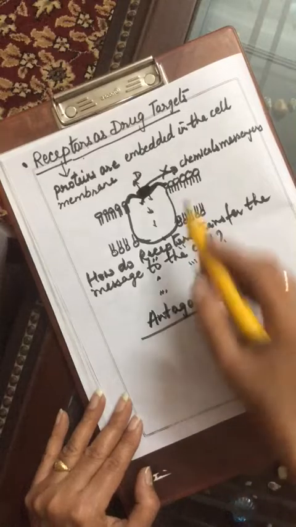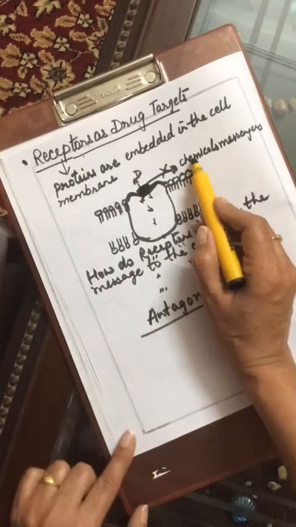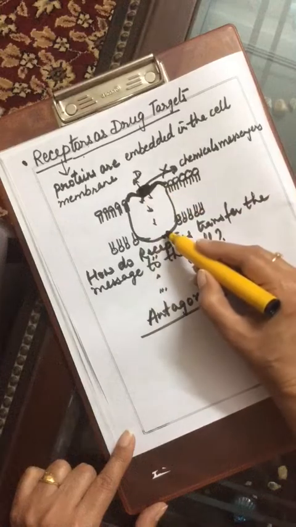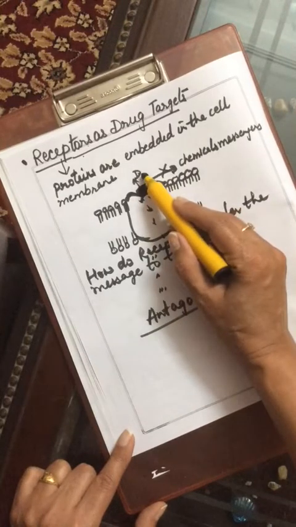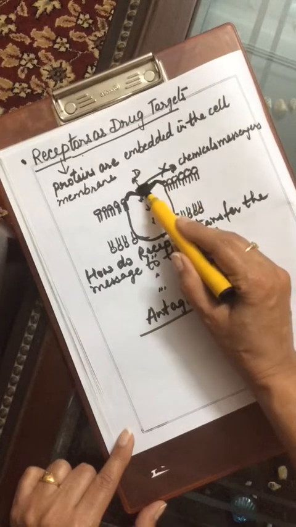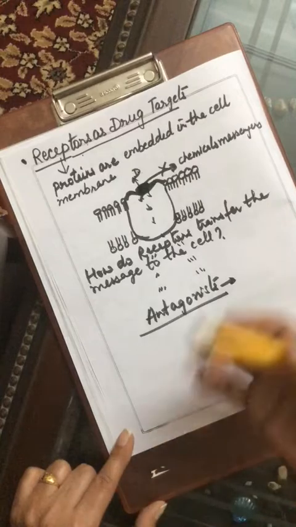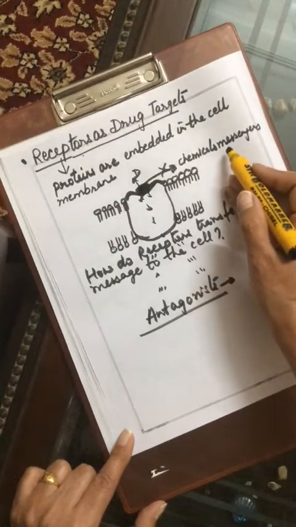Now sometimes, like I told you, that chemical messenger is not there to give the message to the receptor. Then we take drugs, and the drugs do the function of this chemical messenger. They mimic. Mimic means they are copying the message of that chemical messenger.